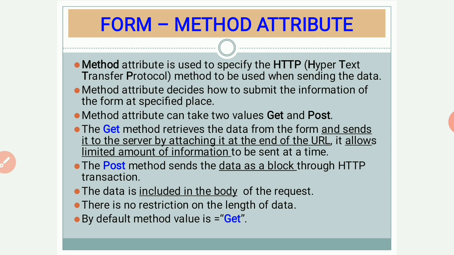URL means Uniform Resource Locator. It allows a limited amount of information to be sent at a time. That is, in the get method, the data is attached at the end of the URL, and second thing, there is a limit to the amount of data to be sent at a time.